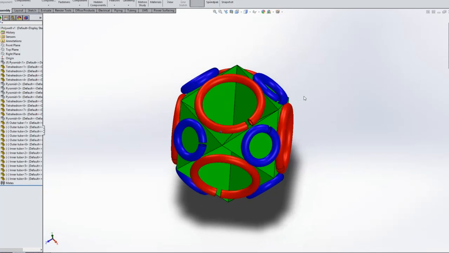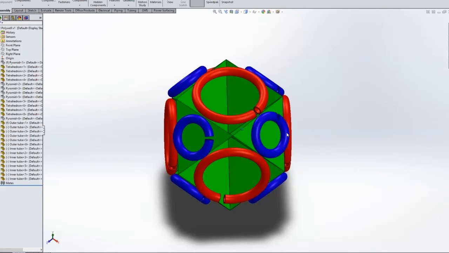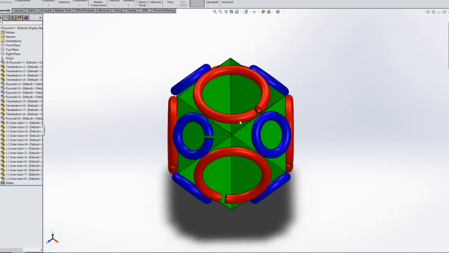If the blues are the gravitational and the reds are the magnetic, then we have more gravitational but smaller diameter coils, and 6 magnetic but larger diameters, so maybe they equalize each other.